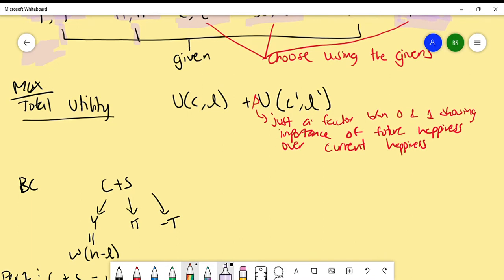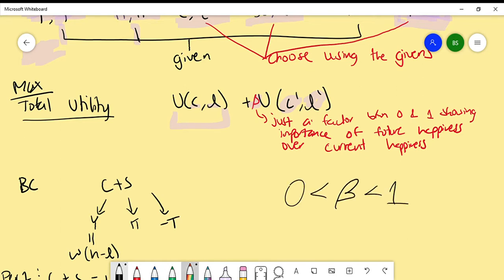Okay, so to maximize the total utility, we take the utility from this period, the utility of consumption and leisure, plus the utility from future consumption and future leisure, and we also add a beta, a little number usually between 0 and 1.